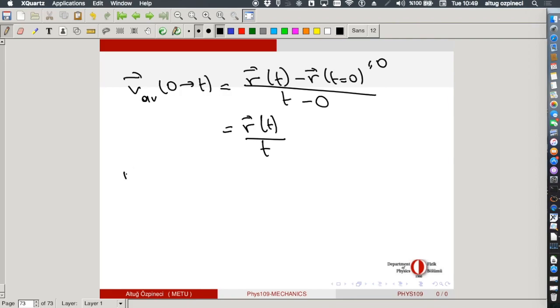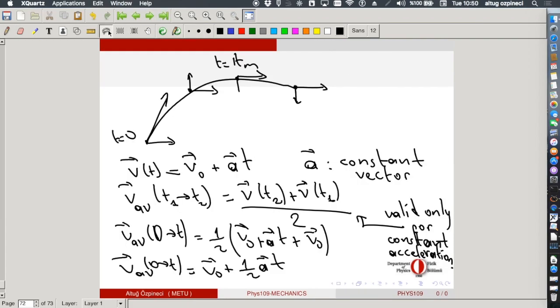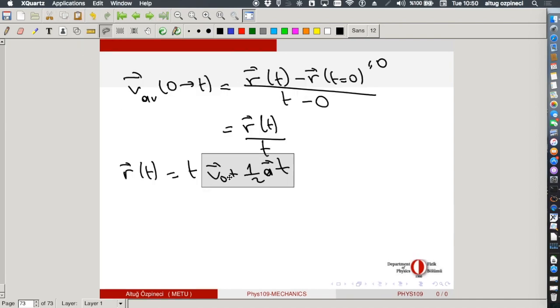So we know what the position is at the time t. It is t times the average velocity, which we had calculated here. This is equal to v0 t plus 1 over 2 a t squared.